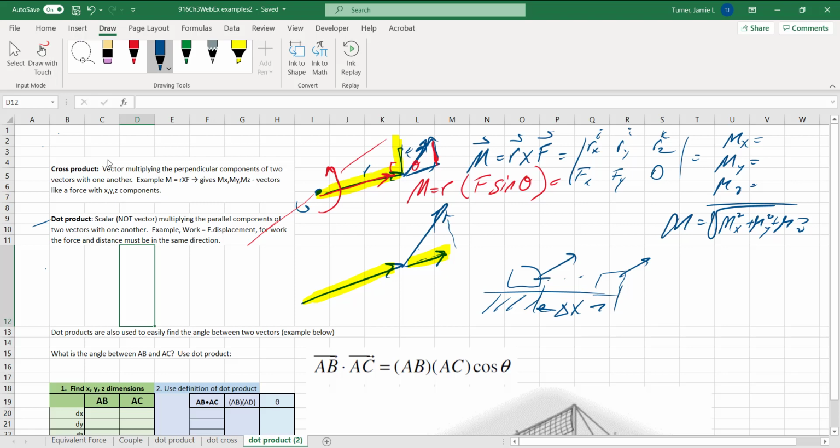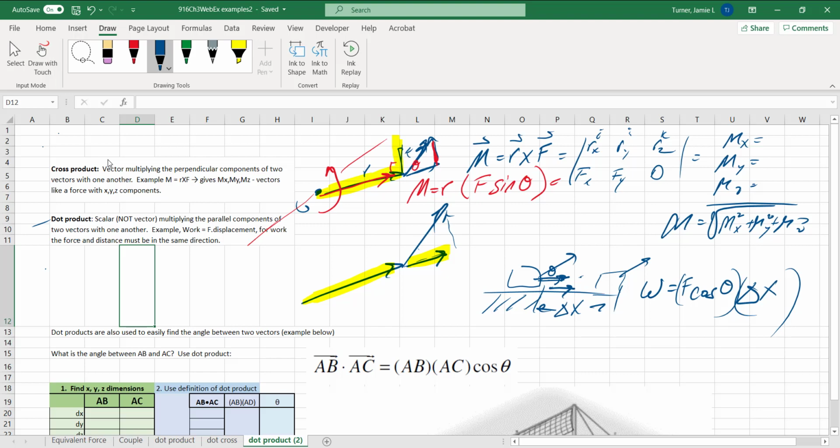You would have to break this force into how much of that force is in the same direction as the displacement, and then the work would be F cosine theta, the adjacent piece of it, times the displacement. So it's the perpendicular piece of the vector versus which piece of it is in the same direction. That is the difference between a cross product and a dot product.